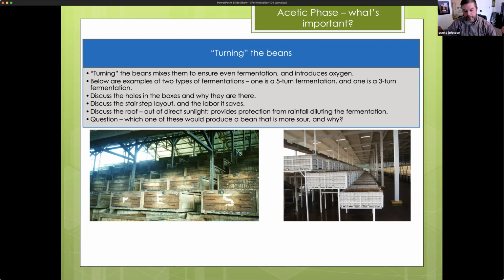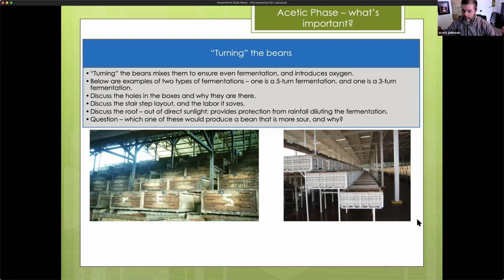So we want to design a fermentation protocol that is generating alcohol and some acid. We want to make sure that all of our beans are touching that alcohol and that acid, and then we want to get it out of there so that our beans don't rot and don't just soak in alcohol and acid and become really, really sour.